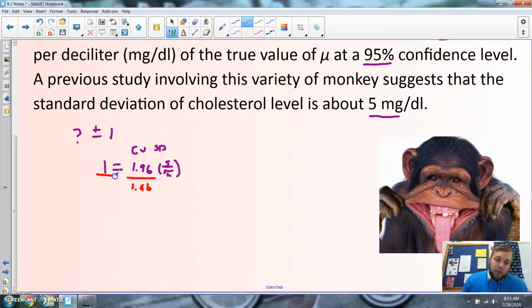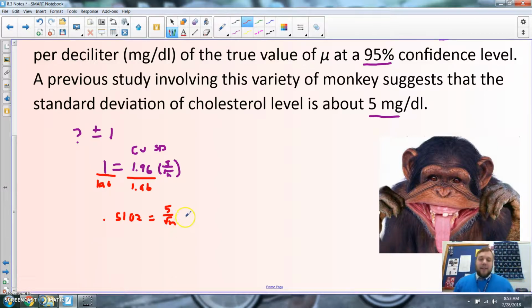Divide by 1.96. All right, so I got 1 divided by 1.96, and I get something like 0.5102. And I'm going to keep this all in my calculator because I want to be extremely accurate. I have 5 then over the square root of n.